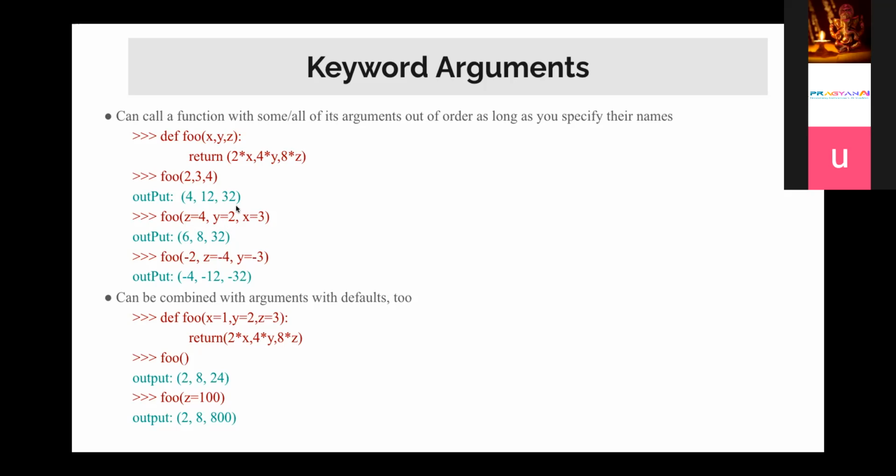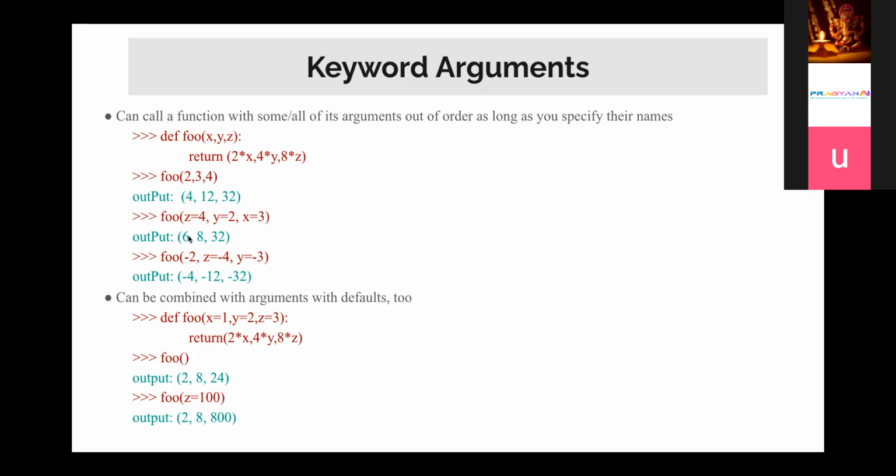By calling it like this, I can allocate the values in any order. This is much more comfortable, because otherwise you may accidentally forget whether you gave the arguments as z y x or x y z, and later while debugging you find that a wrong value was passed to x or to z.